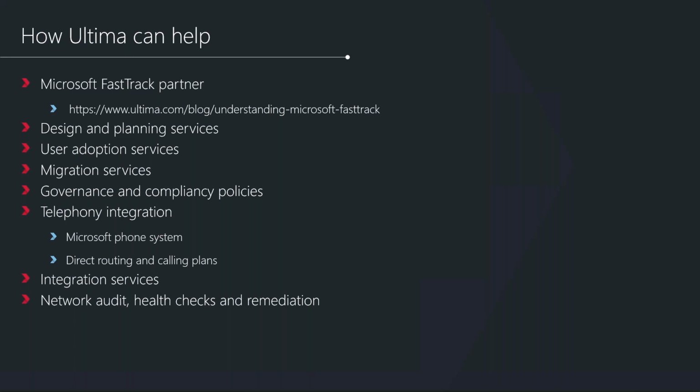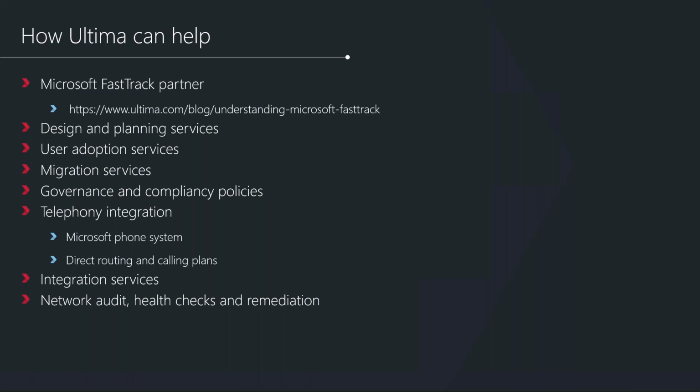This is in effect a consulting service that you get free as part of your Microsoft licenses. You can call up Ultima as your fast track partner if and when you run into problems and have questions, and we can provide guidance around best practices and how we've helped solve these kinds of problems in the past.